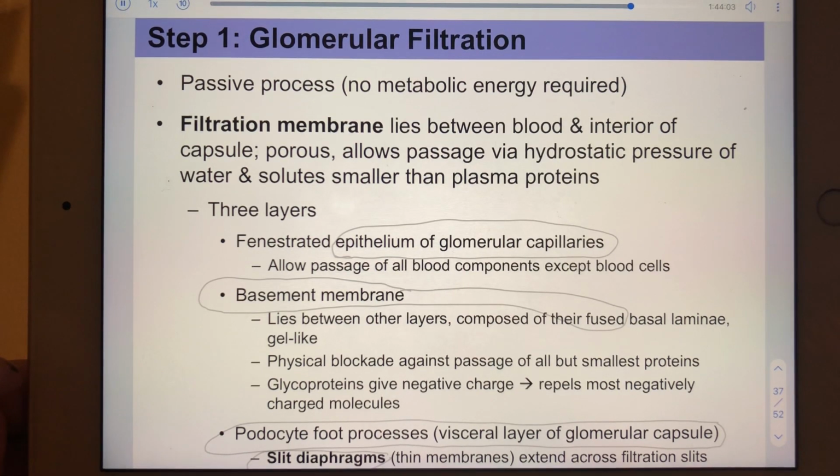Well, if filtration is passive, if it doesn't require ATP, if it doesn't require a final electron acceptor, then how do kidneys spend? What are they spending on if they're not spending on filtration? It's probably pretty obvious they're spending on reabsorption and especially secretion, because secretion is really forcibly placing things that we want to eliminate into the filtrate.